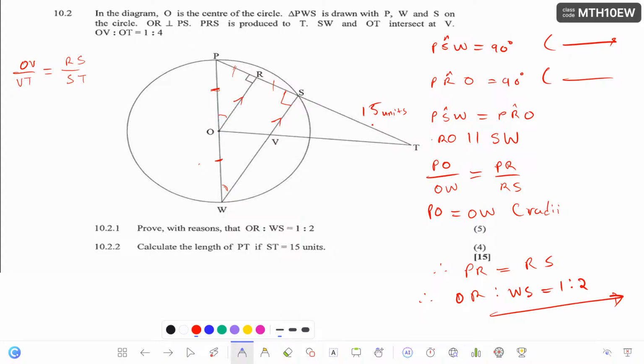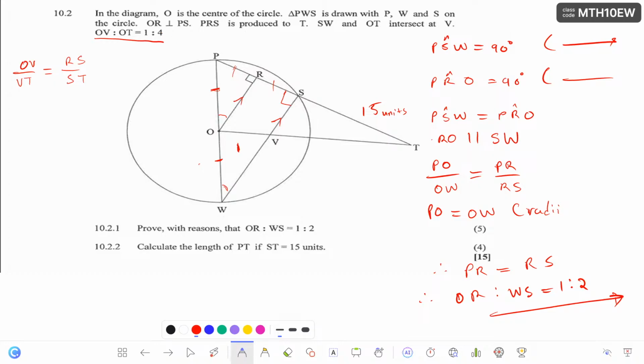So even this triangle here is also a proportionality. You will say proportionality theorem because we have two lines that are parallel to each other. And given that this one is 15, remember we are also given that OV is 1 and then OT is 4.